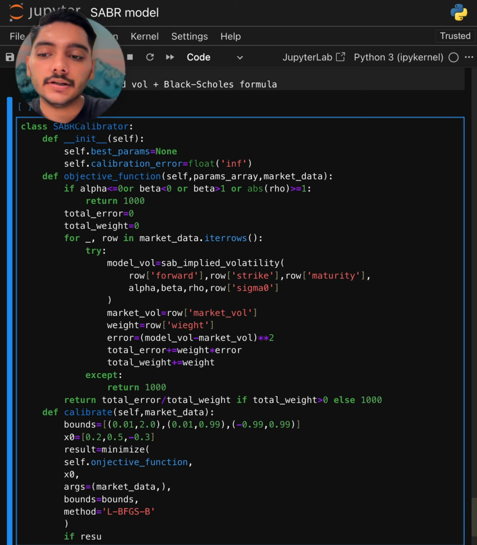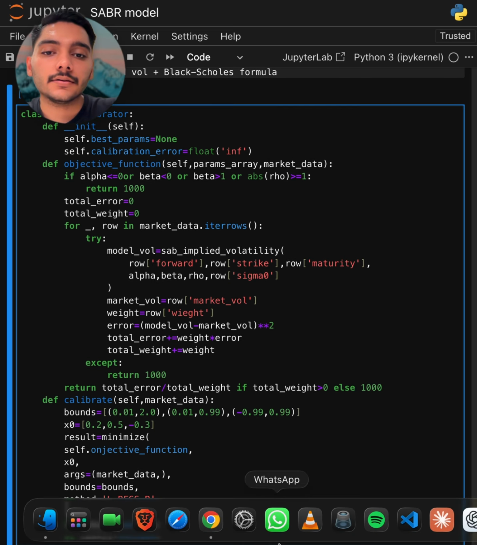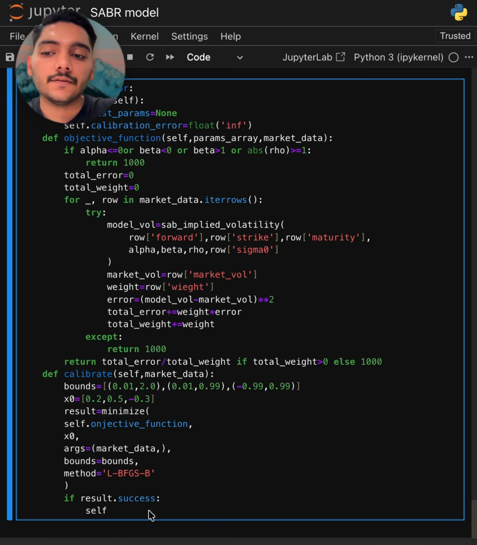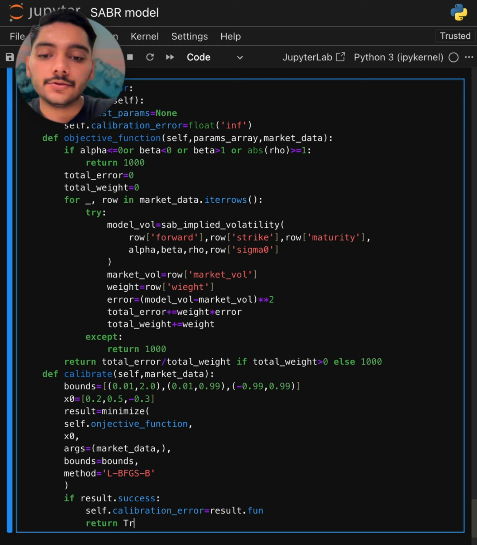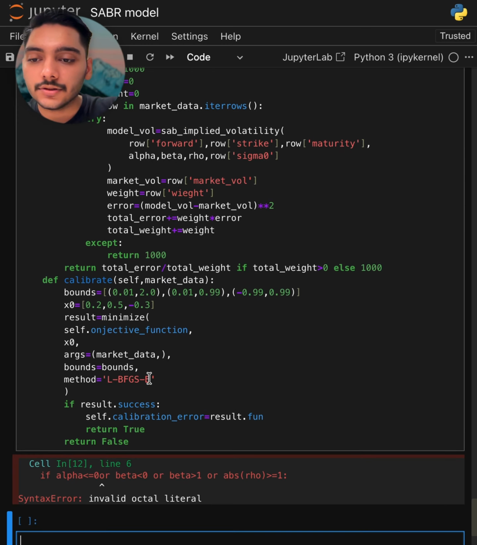So if the result dot success, then self dot calibration error is equal to result dot function, then it will return true, or else it will return false. So let me check if there is an error. So in well octal there is an error here. Let me check.